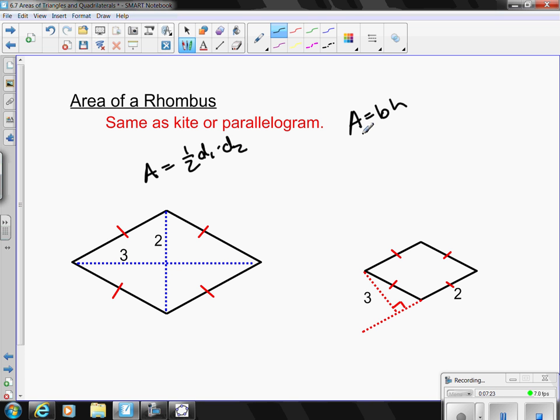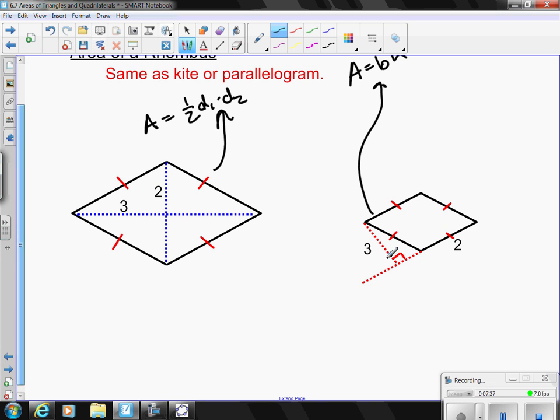So either one of these formulas works, and you'll want to, in this case, use this formula, because we know things about our diagonals, and in this one, we're going to want to use base times height. So this one's the easy one. 3 is my height, 2 is my base, so my formula is 3 times 2, which equals 6 units squared. Notice I labeled my answer even if they don't have units.